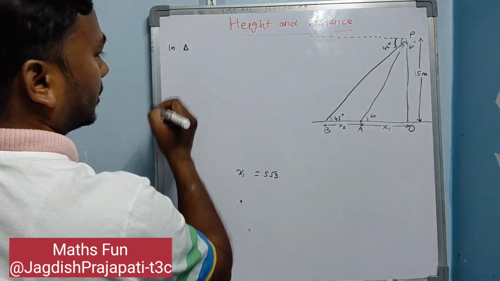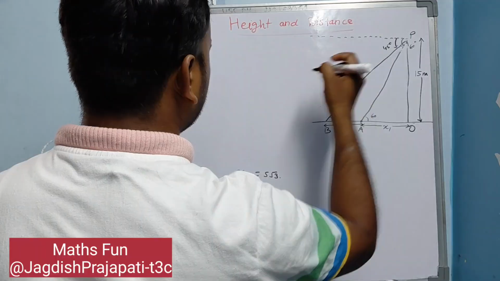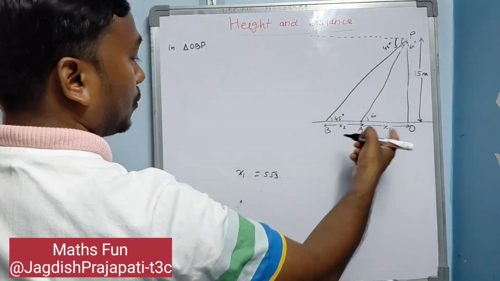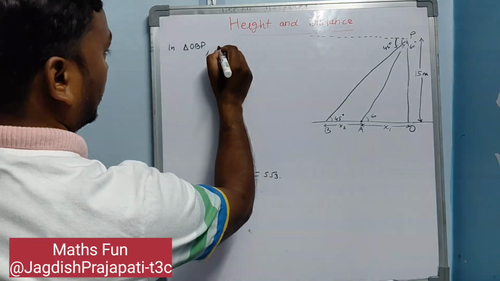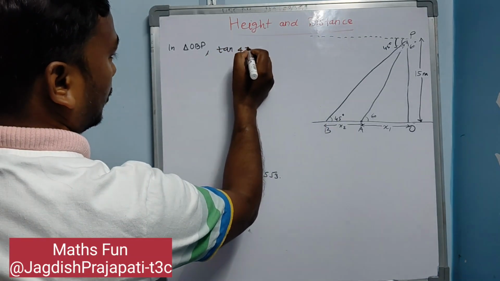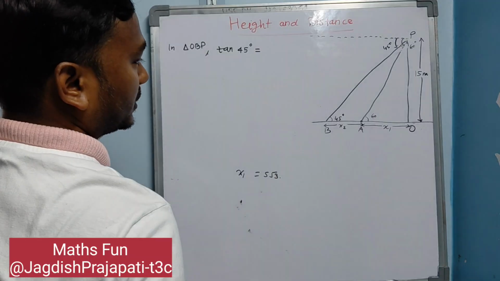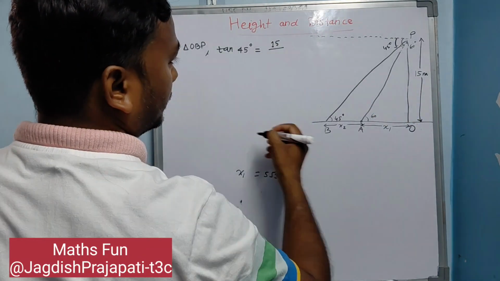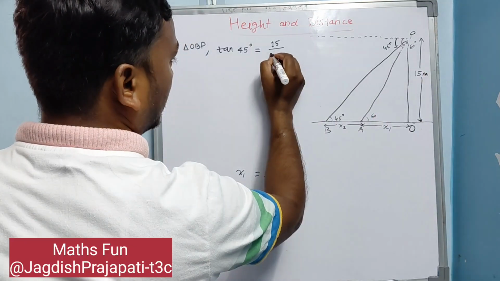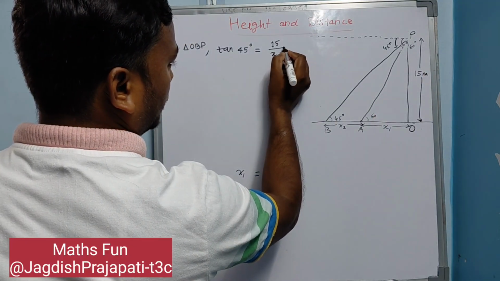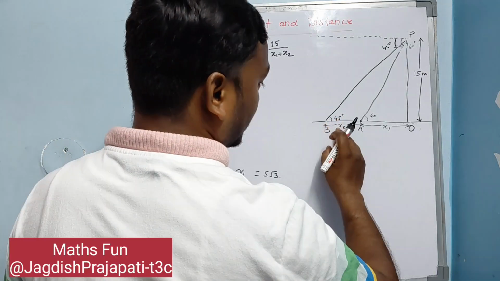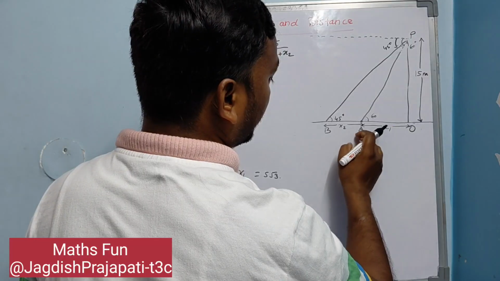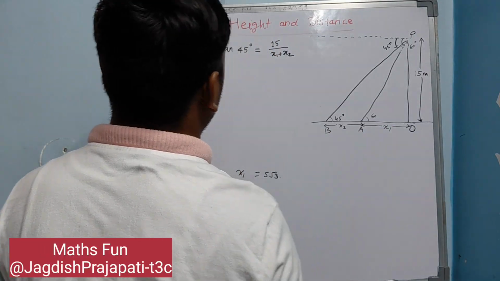In triangle OBP, tan 45 degree, this will be 15 upon x1 plus x2, because in this case now the base is completely this OA plus AB, that is x1 plus x2.